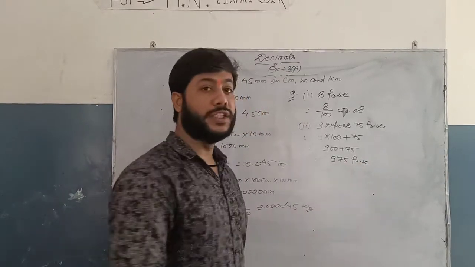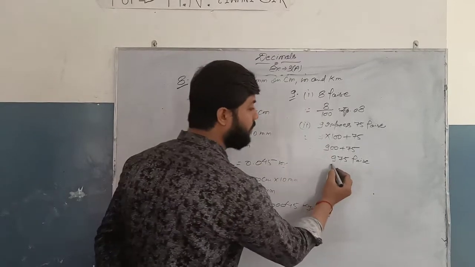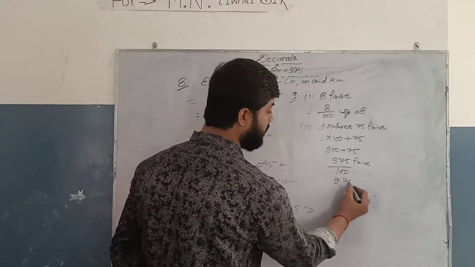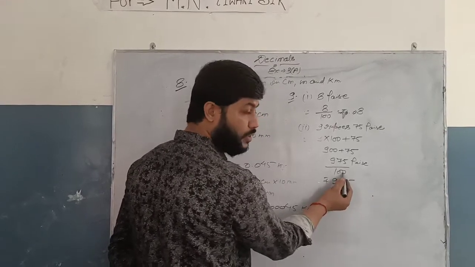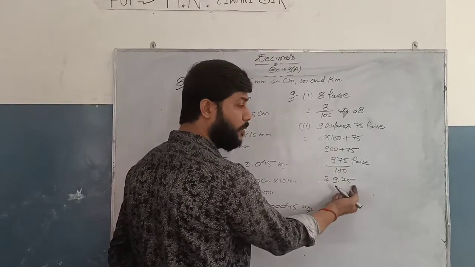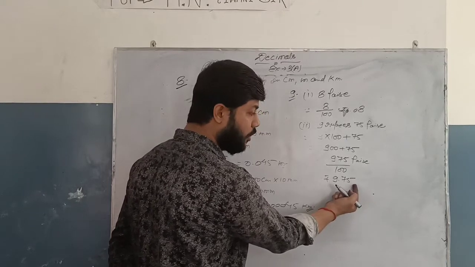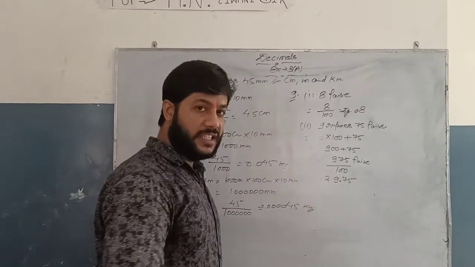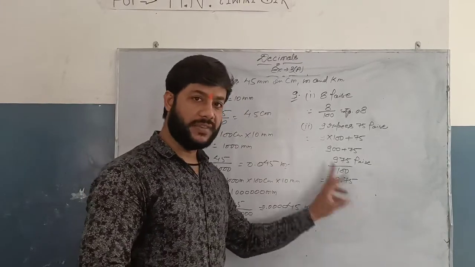Now we have to convert it into rupees. So we will divide it by 100. And this will give you 9.75 rupees. 2 zeros are there, so 2 decimal places will be counted from this side. After 2 decimal places we put the decimal, and that is 9 rupees 75 paise.